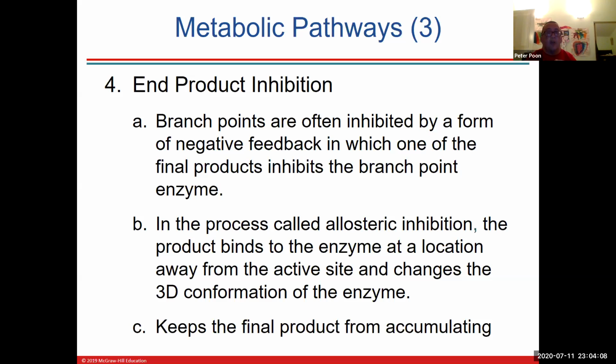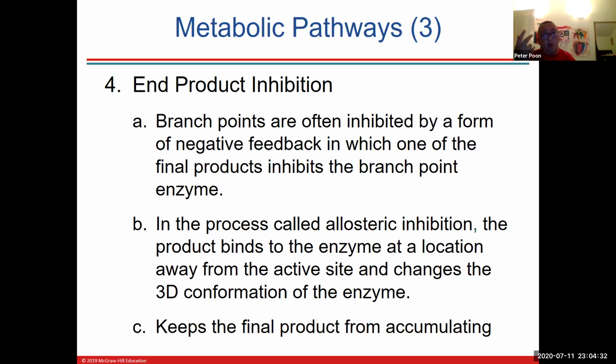This pathway is always there, but you don't want to always convert all your sugar to ATP. For one, you need some sugar. For two, you need the sugar to do other things like make fat. So you don't want to turn all your sugar into ATP as soon as you get it.